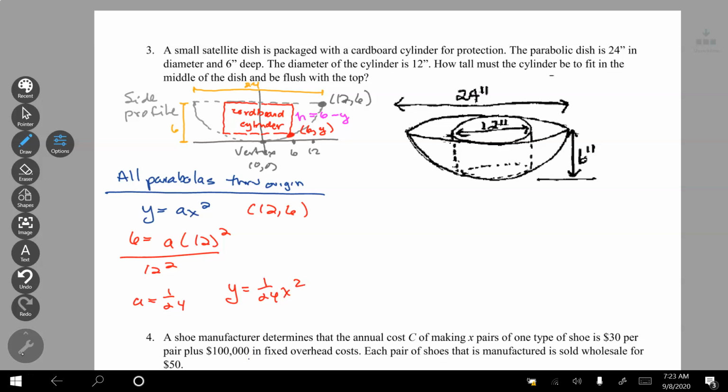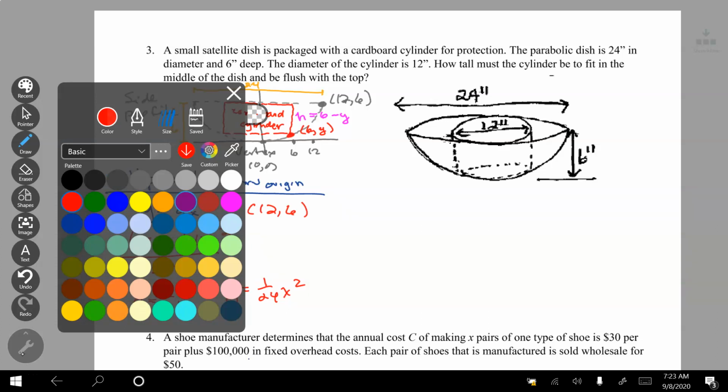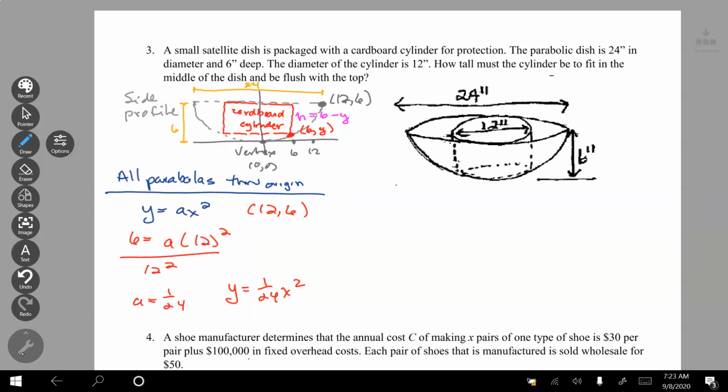Well, now for the piece of cardboard, I know I have x equals 6, and I can plug this in. 1 over 24 times 6 squared, so y is equal to 1.5.